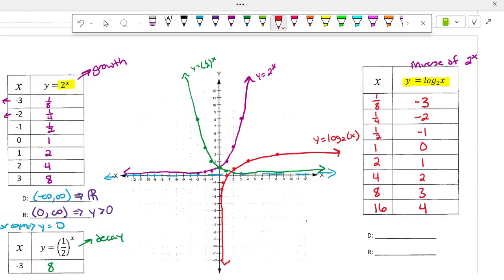What would be the vertical asymptote here? If I set what's in the parentheses of the log function equal to 0, what's the asymptote? X equals what? 0. So my asymptote would be right here at x equals 0.